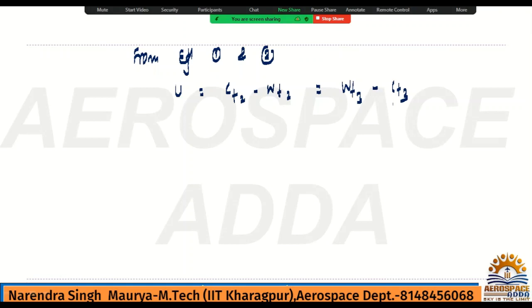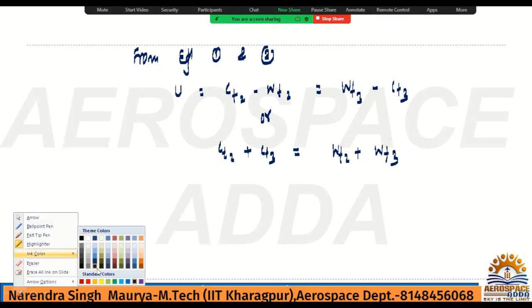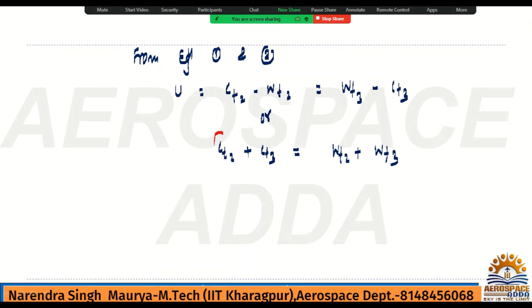Or you can say CT2 plus CT3 is equal to WT2 plus WT3, right? This is one very important relation for the axial flow turbine. They can ask this relation, okay?